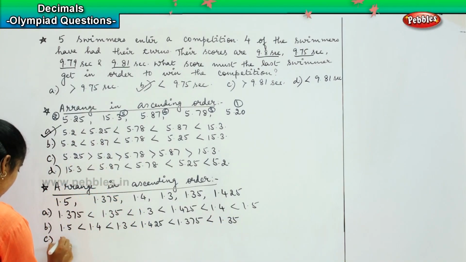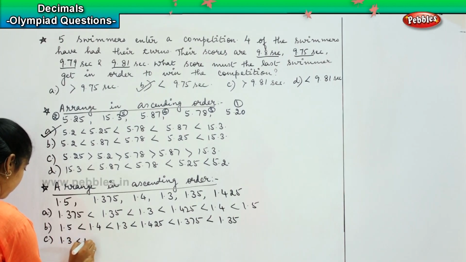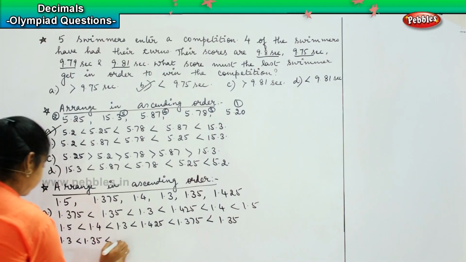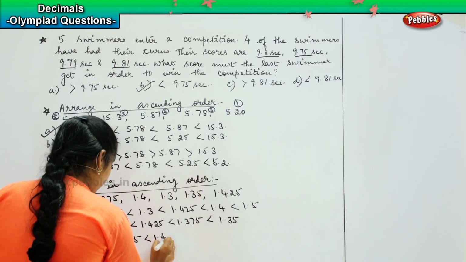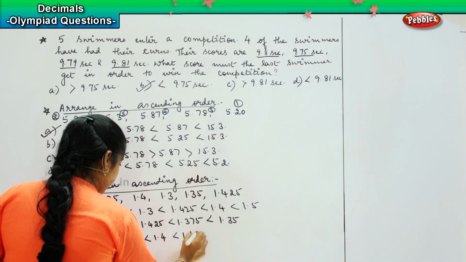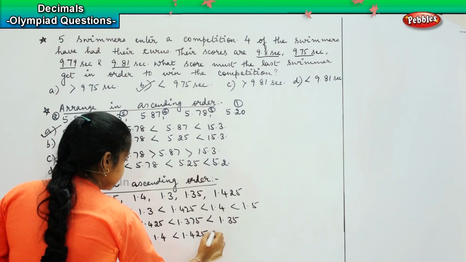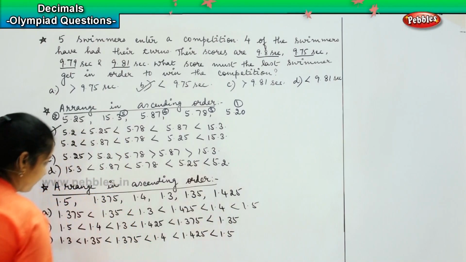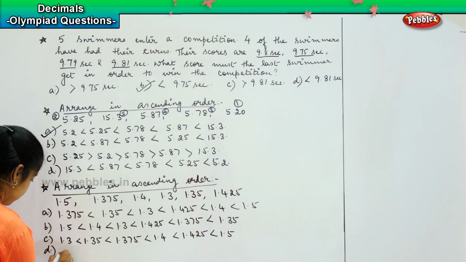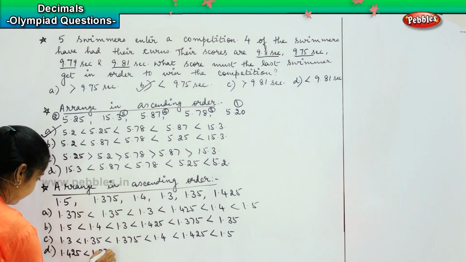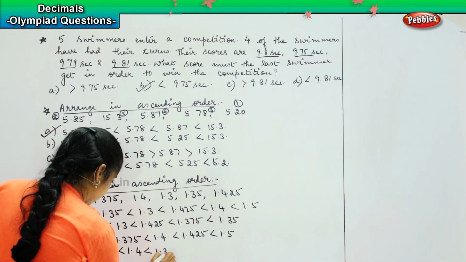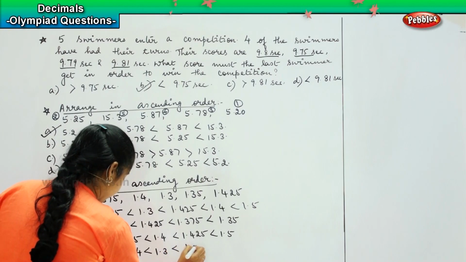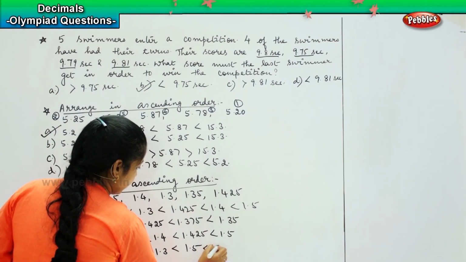Option C: 1.3 is less than 1.35, is less than 1.375, is less than 1.4, is less than 1.425, is less than 1.5. And the last option is 1.425 is less than 1.375, is less than 1.4, is less than 1.3, is less than 1.5, is less than 1.35.